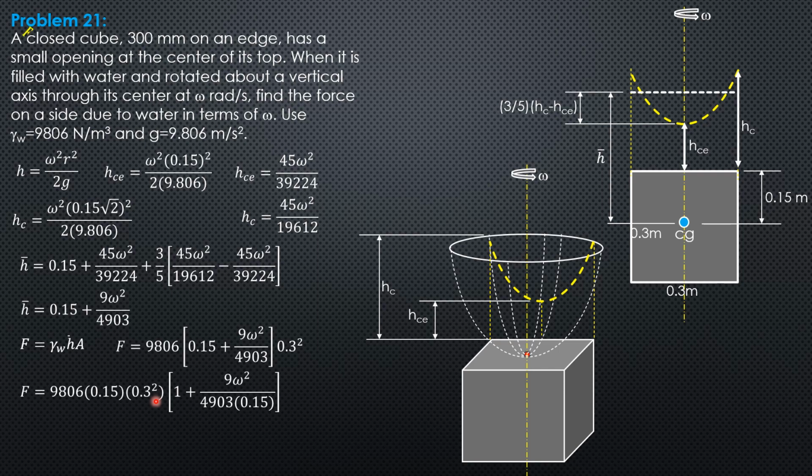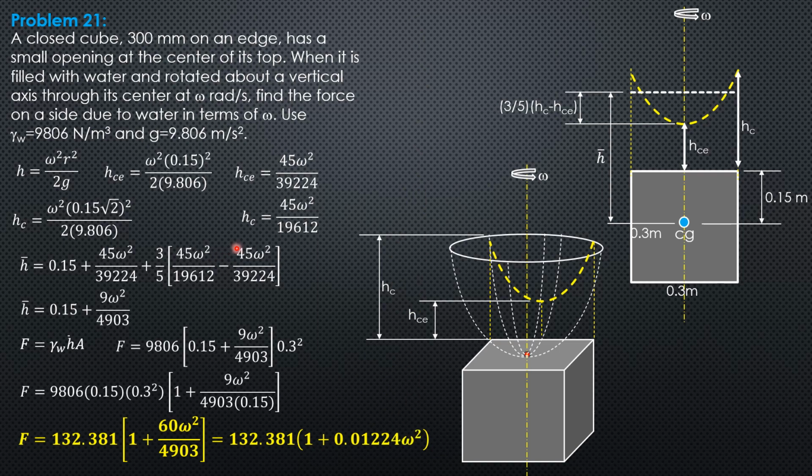So computing, this is now the answer. 132.381 quantity 1 plus 60 omega square over 4903, which is also 132.381 quantity 1 plus 0.01224 omega square. And if omega is in radians per second, the answer there is in newtons. So that's it for this problem.